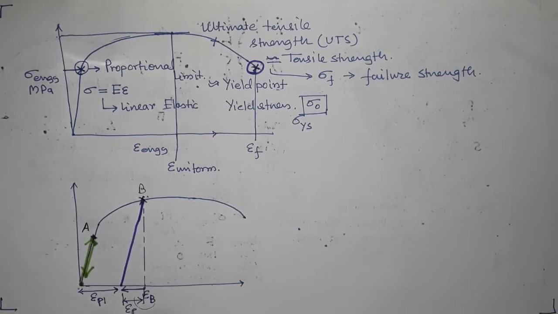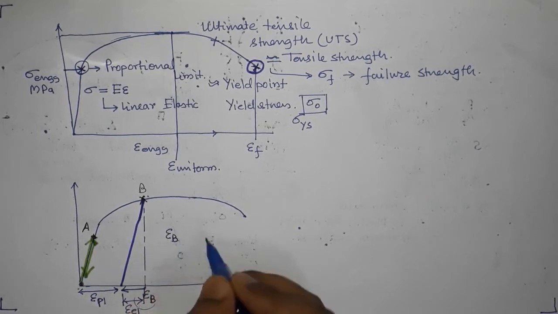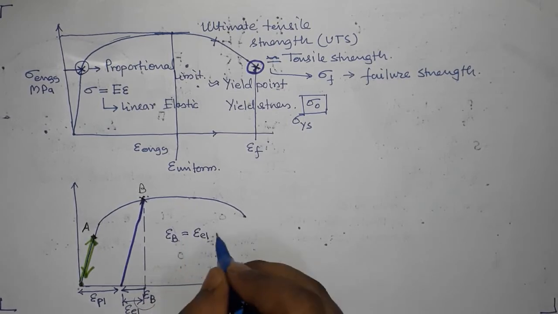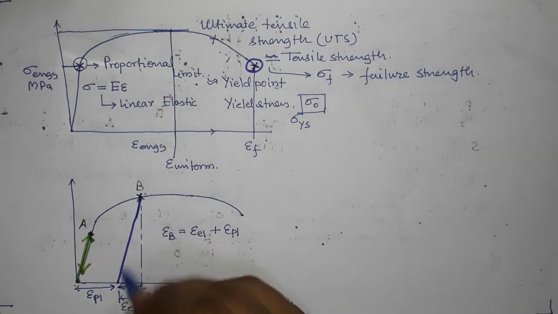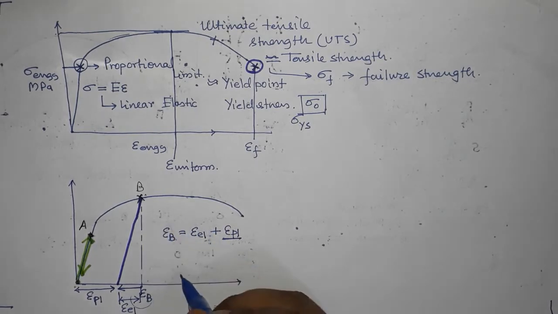is the elastic part. So epsilon B, the total strain, has a contribution from elastic deformation plus plastic deformation, and this part will recover when you unload it, and this part will not recover after unloading.